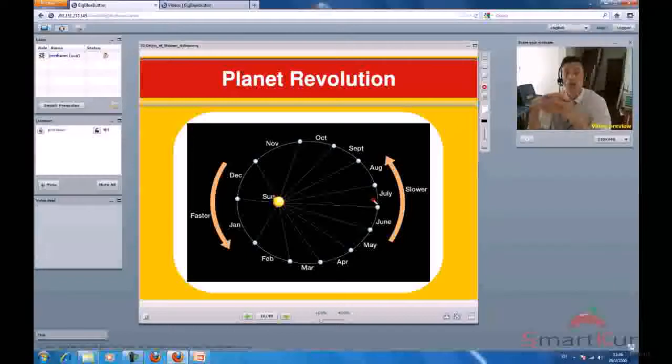One thing that always surprises students when they see this picture is that the Earth is actually closer to the sun in January and December, and it's farthest from the sun in July and June.